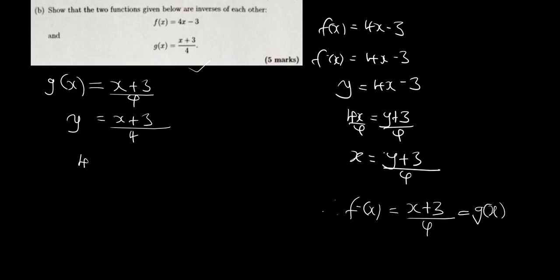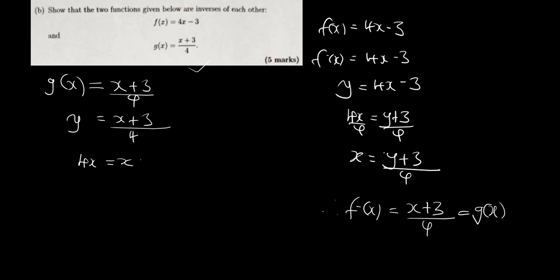Okay, so the inverse of g of x, g of x is given as x plus 3 over 4 like that. So let's find the inverse. We say y is equal to x plus 3 over 4. Then we are going to make x the subject of the formula, so that will be 4y is equal to x plus 3. So we'll say x is equal to 4y minus 3.